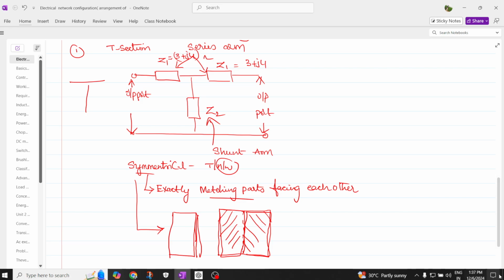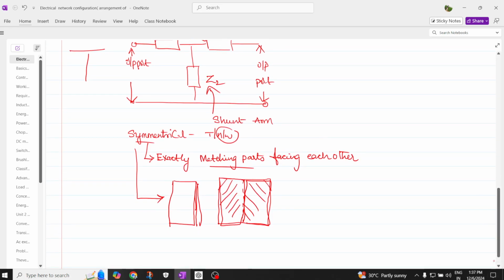What are the examples of symmetrical? Your eyes are symmetrically placed, your legs, your hands, your notebook when you fold it.